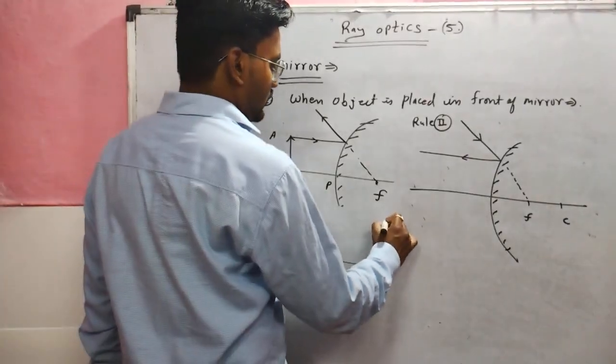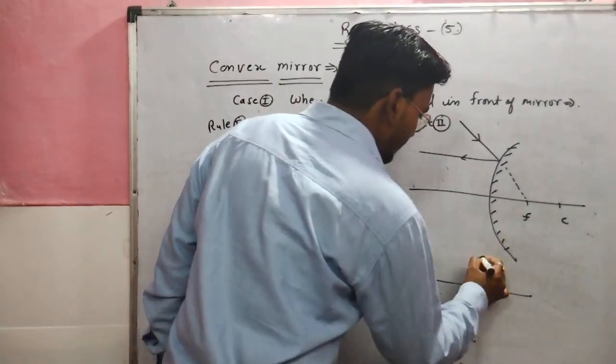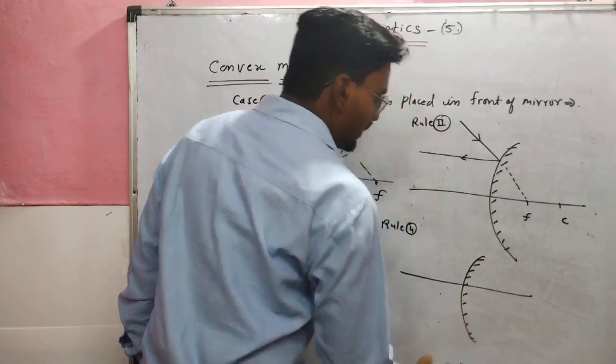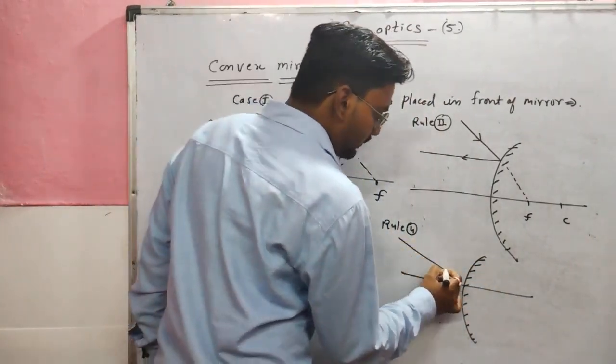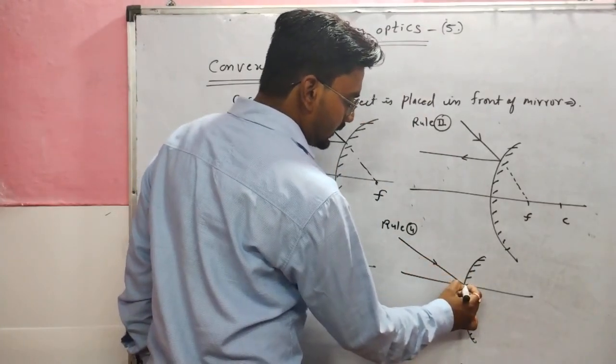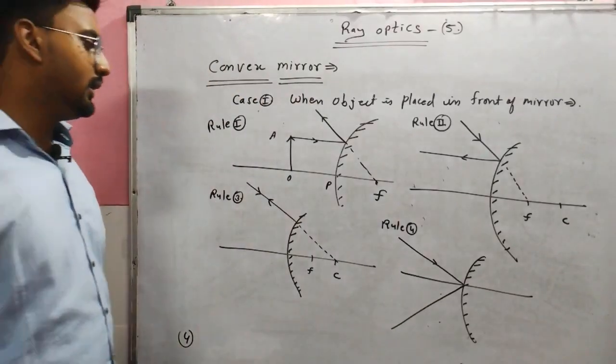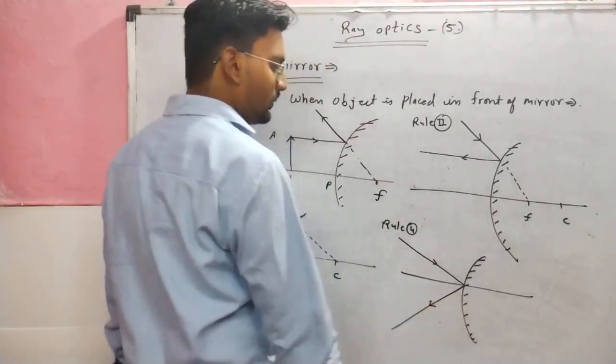Okay, and rule number 4, our last rule, is that when a light ray is coming to the pole with some angle, then it will bounce back with the same angle. Okay, this is our rule number 4.